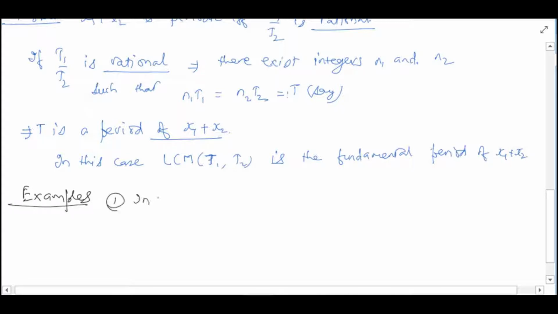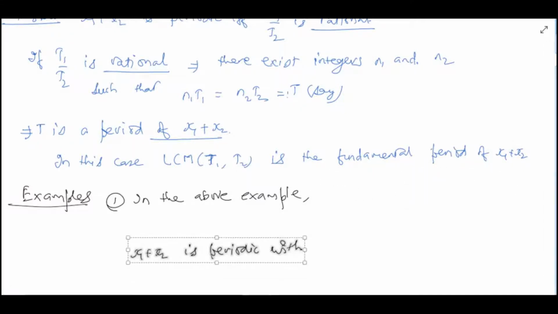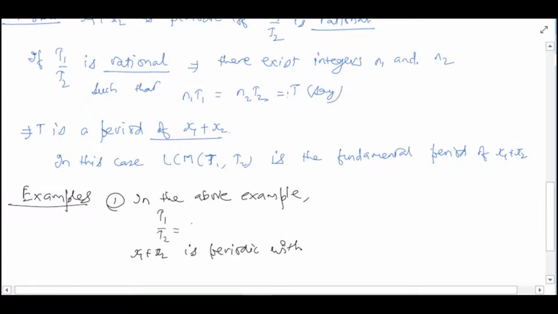In the above example, we saw that x1 was periodic with period 3 and x2 was periodic with period 20. Then T1/T2 is 3/20, which is rational.